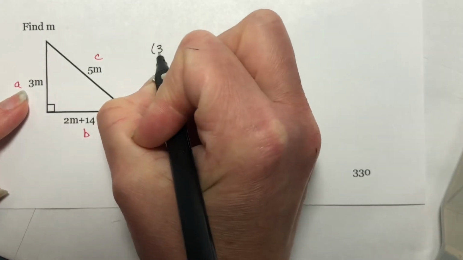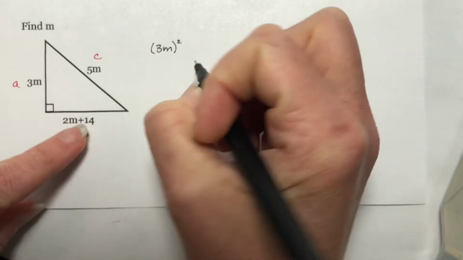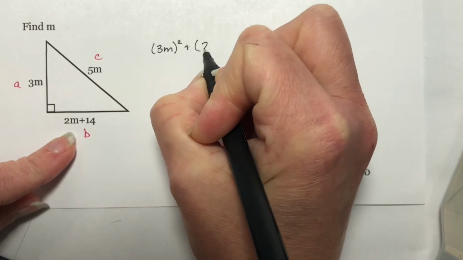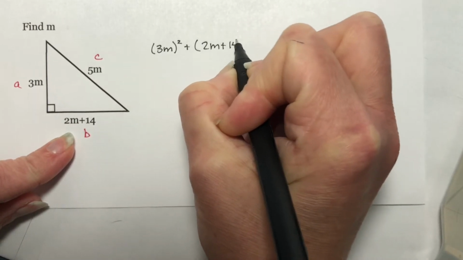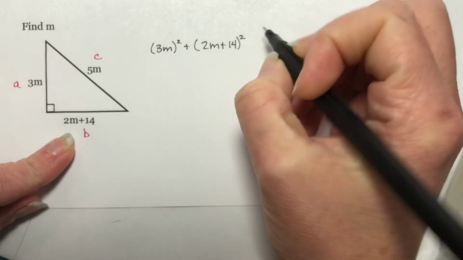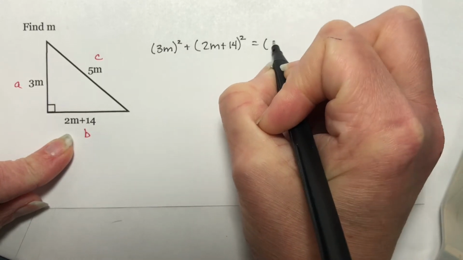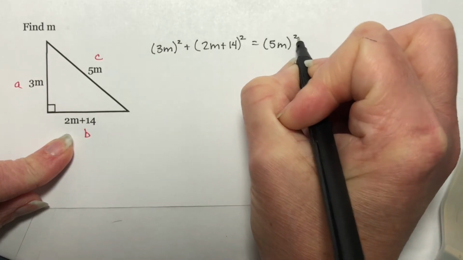But I have 3m squared plus 2m plus 14 squared is equal to 5m squared.